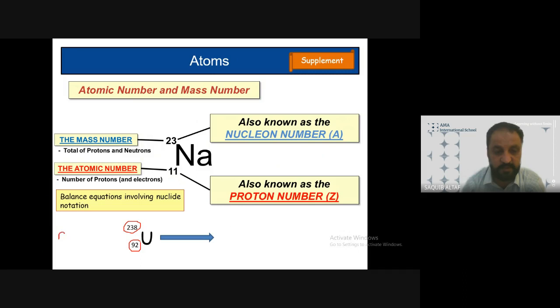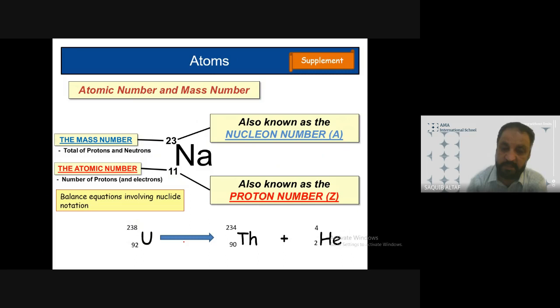So there are 146 neutrons in uranium. The alpha particle, remember, is helium, 2He4. When helium is emitted, thorium is formed, along with helium. This is the equation.